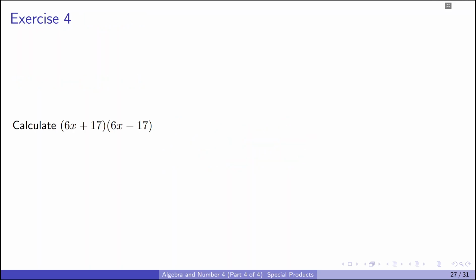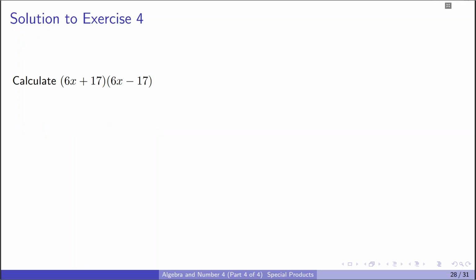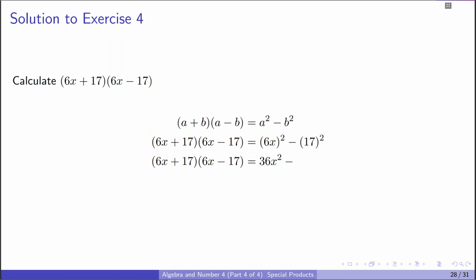Right, our fourth exercise, (6x plus 17) times (6x minus 17). Pause now. Take whatever time you need. All right, solving our difference of perfect squares. a is 6x, b is 17. It's 36x squared minus 289.